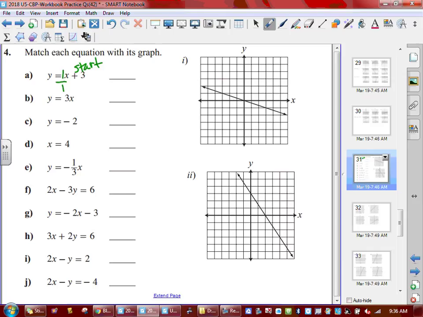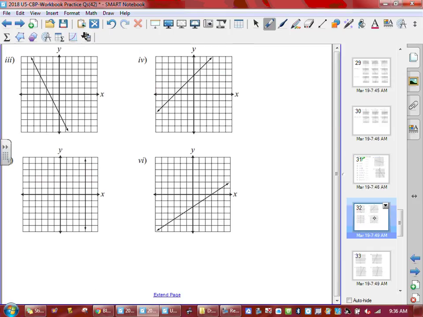You've got to make your slope into a fraction so you know how far right he's going to move. So 1 right, 1 up. Now we look at all the graphs. Well, it's a down graph, this is a down graph. We've got to look at some other graphs. We want a graph going up. Oh, there's a down graph. Here we've got a vertical. Here we've got an up graph and an up graph.